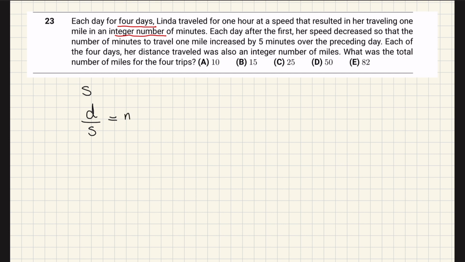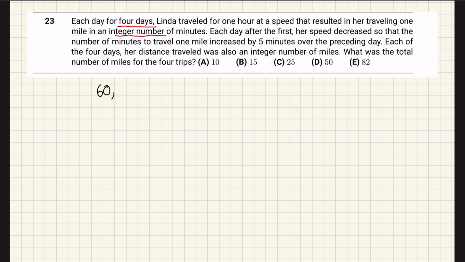So that must mean that her speed is a factor of 60, because if you divide 60 minutes by a factor of 60, you'll get an integer. That's the only way. So what could her speed be?